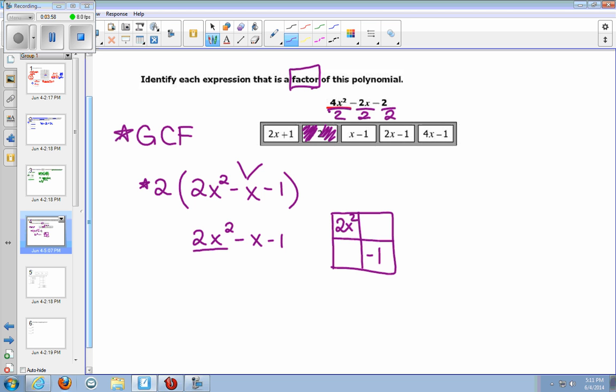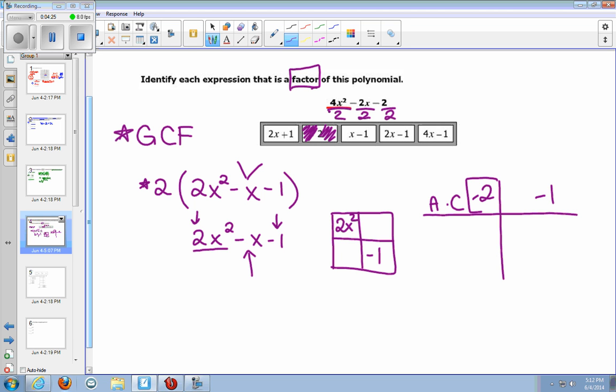I always have to multiply A and C. So when I multiply 2, which is my first coefficient, and -1, which is my last, I get -2. So I am trying to find factors of -2. But that's not all. We're looking for special factors. We're looking to add up to be -1.